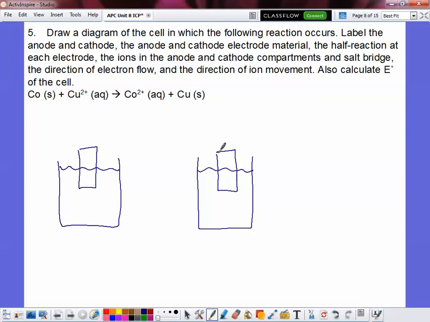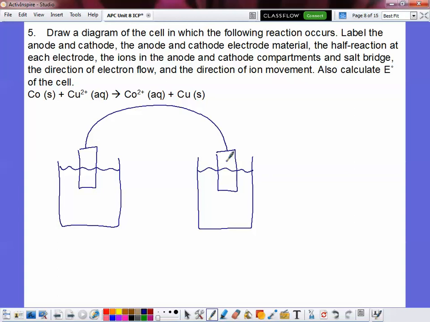If you look on my page, the last problem took up pretty much the entire space, so budget your paper wisely. All right, and then there is some sort of wire connected to the two electrodes.